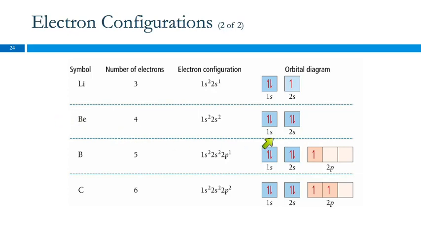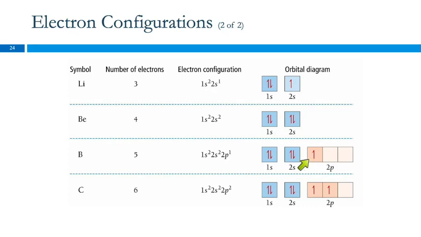Beryllium has 4 electrons, and so that 4th electron is going to pair up in here, and we get 1s2, 2s2. Boron has 5 electrons. So these first 2 are full now, and so this 5th electron has to go into the 2p room. We're going to draw the whole room. The room has 3 beds.